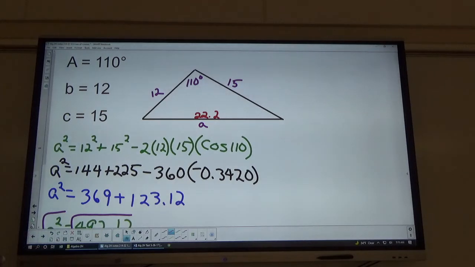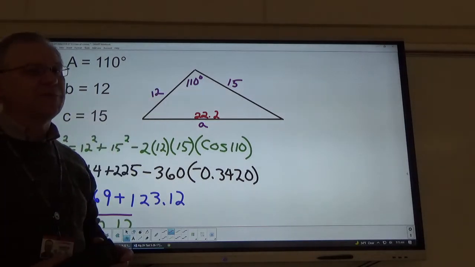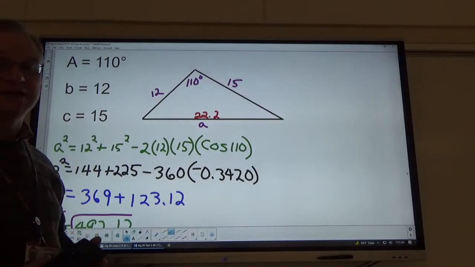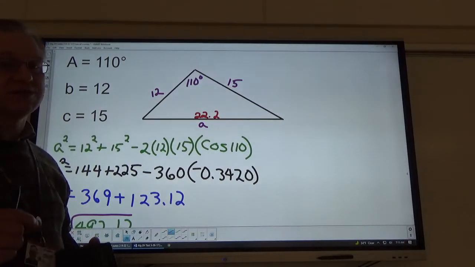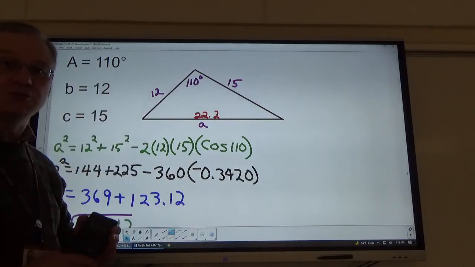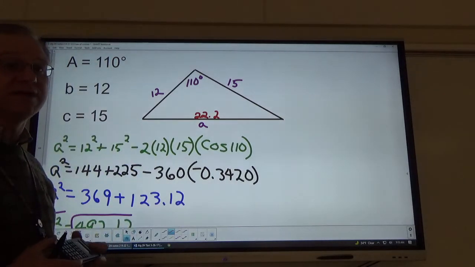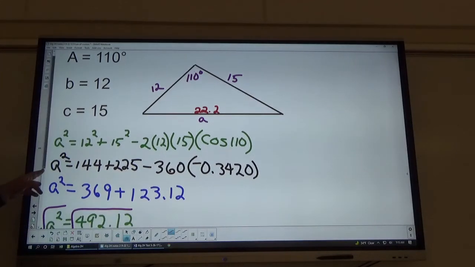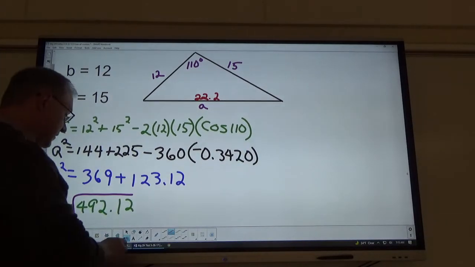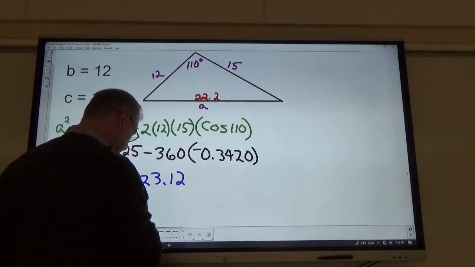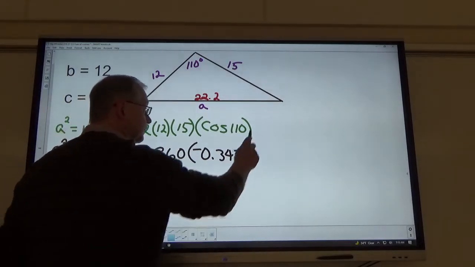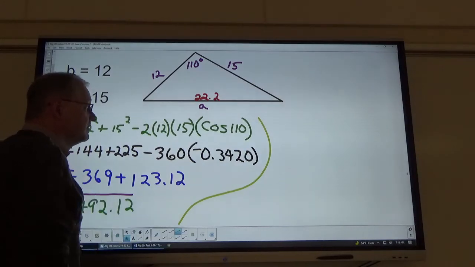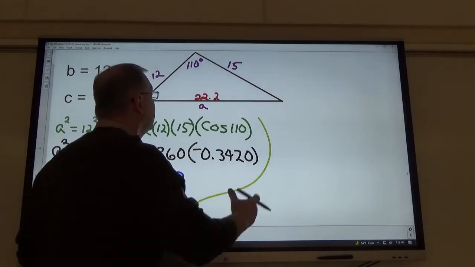In fact, if this were an acute angle, I would probably use law of cosines to find the next angle, just to be on the safe side because of those two possible angles, and it only gives you the smaller one with law of sines. So let's do that. So we're going to use law of sines.